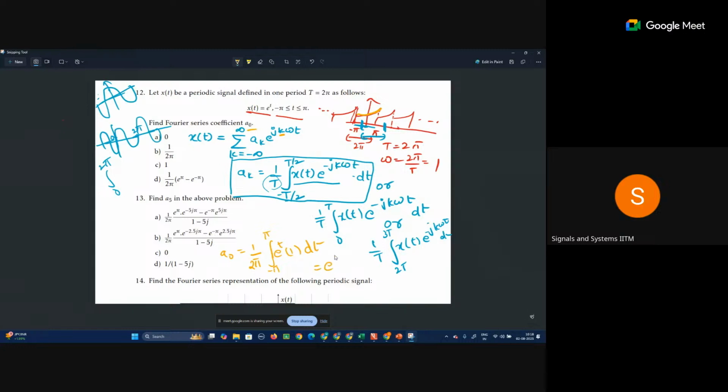So we will be getting 1 by 2 pi times e power t with limits, so 1 by 2 pi times of e power pi minus e power minus pi. So this will be a0. So the option will be D. Did you get this? Yes, ma'am.